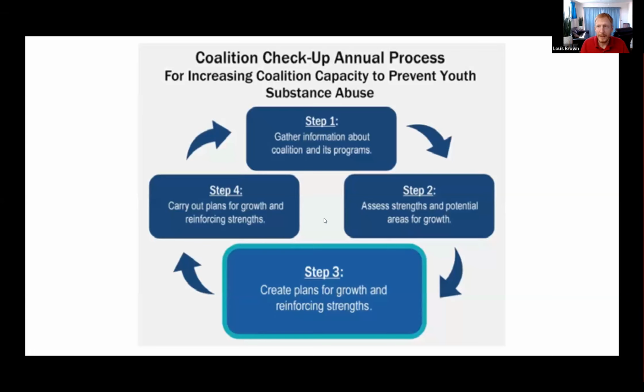This is a little bit tangential to peer-led interventions, but we've used this successfully with the coalition checkup. These are also volunteer-driven groups where they do an assessment of what's going well and what's not going well in terms of their operations. Based on the feedback report that they get, they pick one area that they want to work on improving in the future, and then they develop an action plan for improving that particular area.